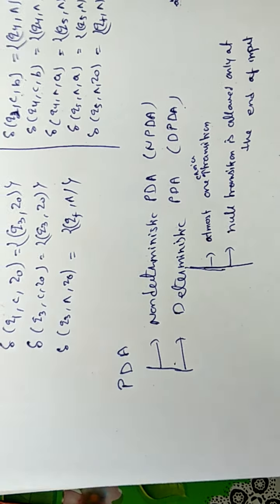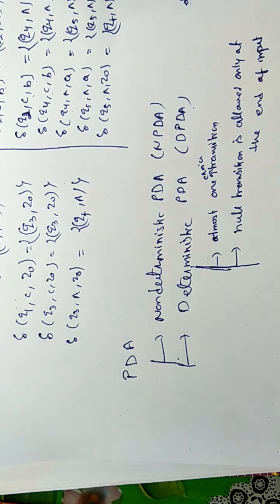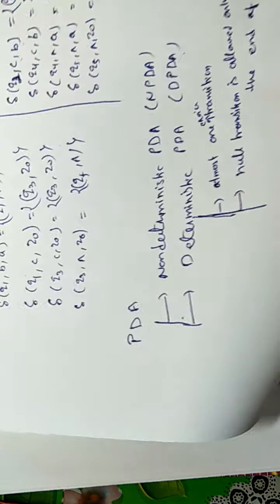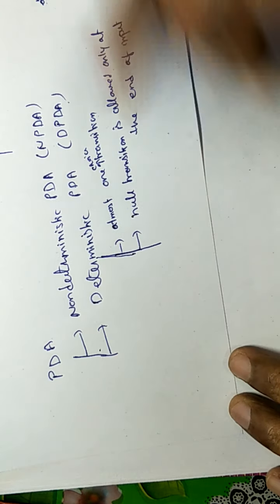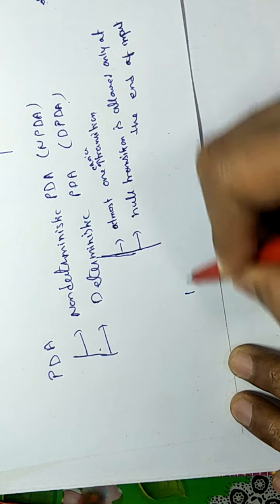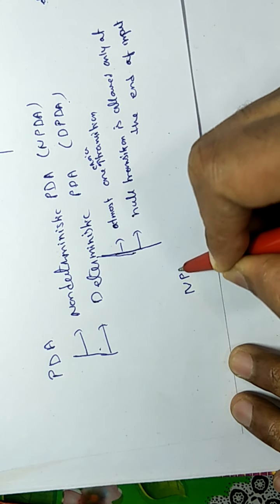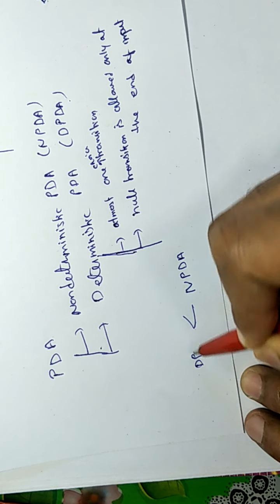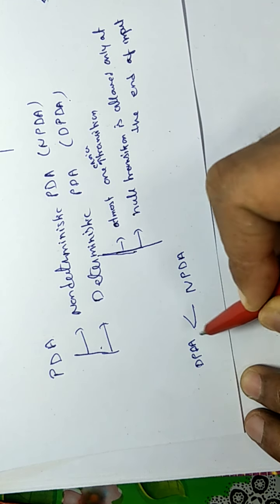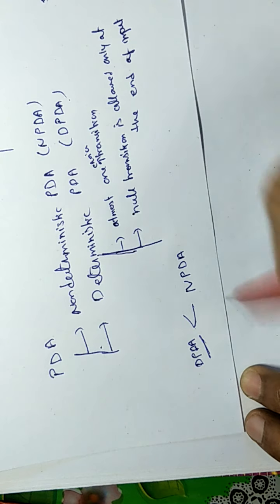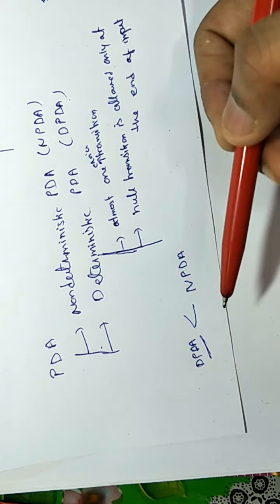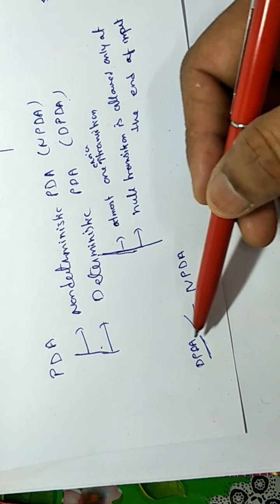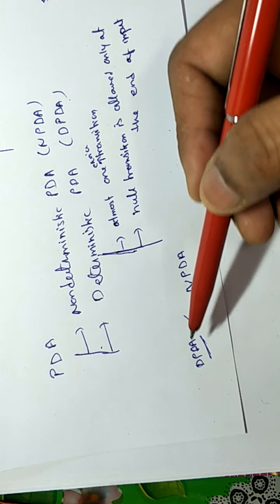So a PDA will be non-deterministic or deterministic. And remember that NPDA is more powerful than DPDA, because by DPDA we cannot design a PDA for all languages.